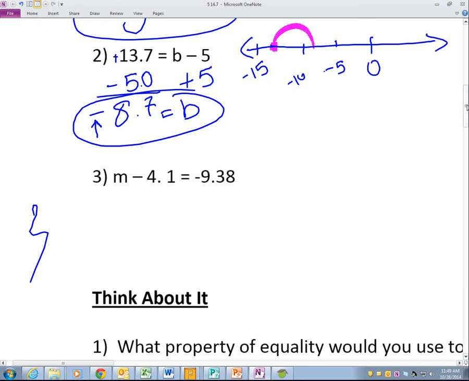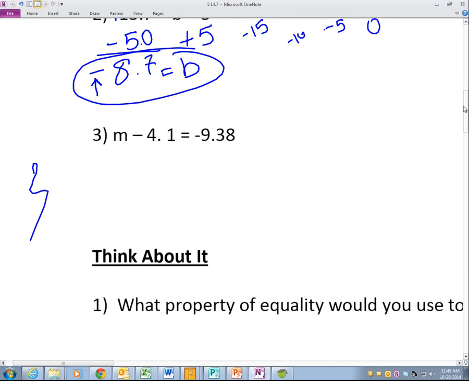So it's integers, familiarity. Now we have m minus 4.1. What is happening to it, Ellie? What's happening to the variable in number 3? Yep, so how are we going to undo that?